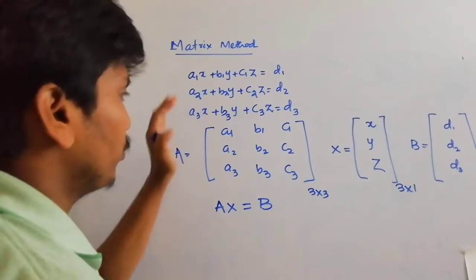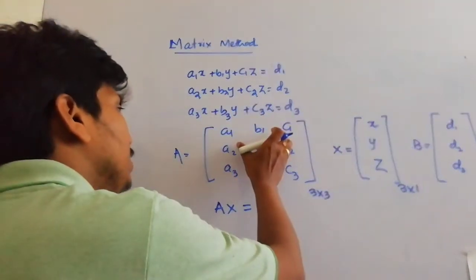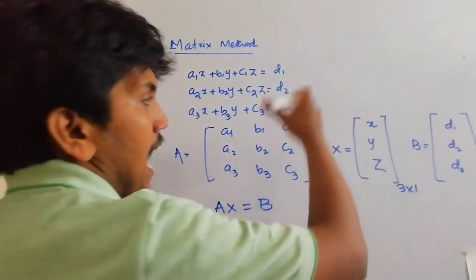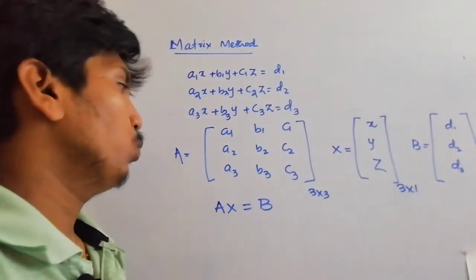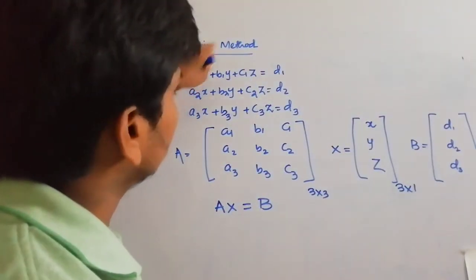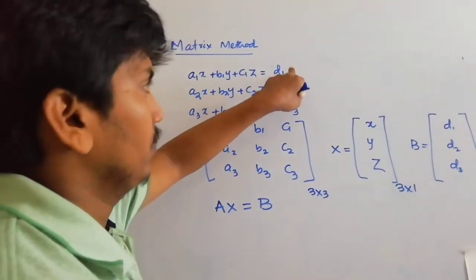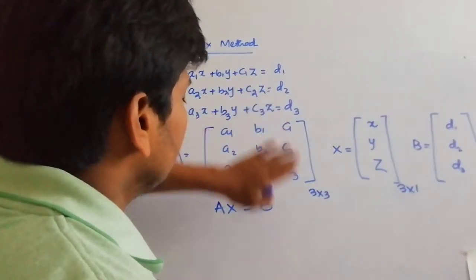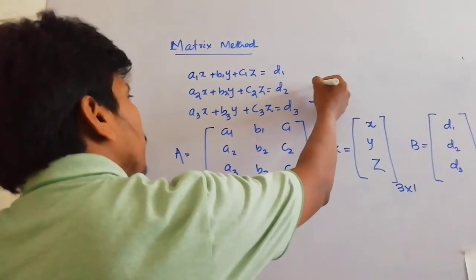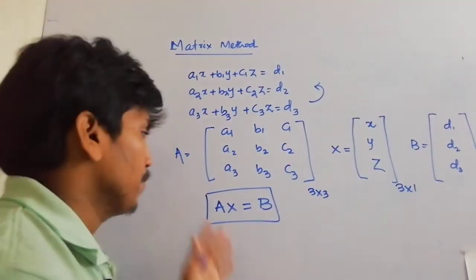That means whenever we multiply the coefficient matrix and the X, then we get the constants. Here the coefficients and the unknowns, and this is the constant. So this equation satisfies the system of equations. Okay.